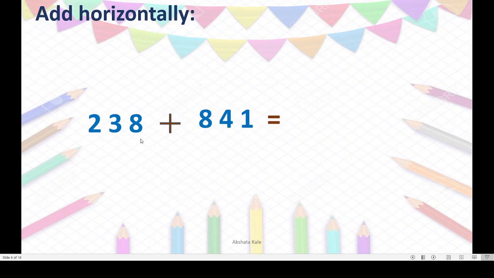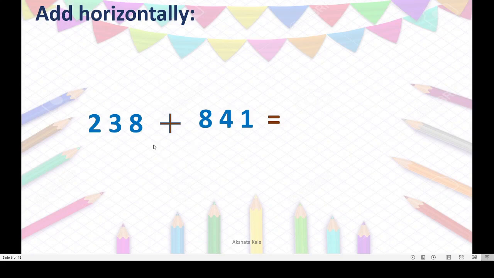Now you know this is the units place, this is the tens place, this is the hundreds place. Same thing here also. Then what will we do? We will add the numbers from the units place, then from the tens place, then the hundreds place. Got this?